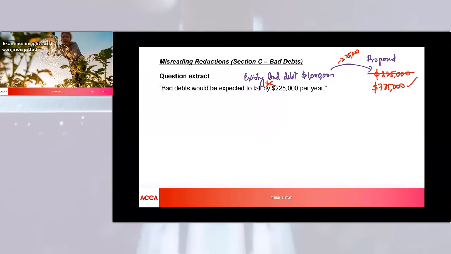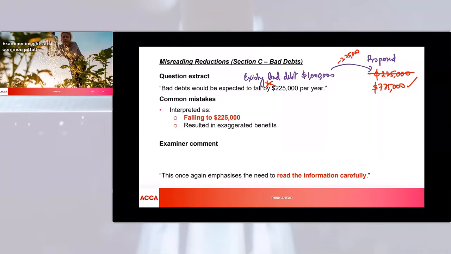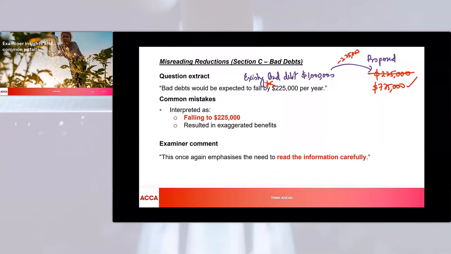So what happens is that they get confused with regard to what is falling to. Falling to is different from falling by. So this results in exaggerated benefits at times. The examiner's comment is this: once again it emphasizes the need to read the information carefully, and please remember, fall to is different from fall by.